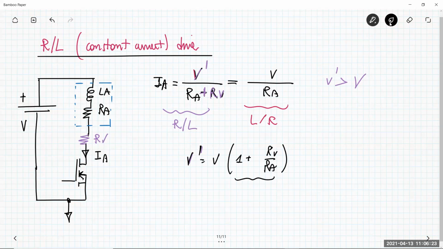Typically, in practical circuits, RV is, let's say, from 2 to 10 times RA. So the voltage here, V prime, is something like, I don't know, 3 to 11 times V.